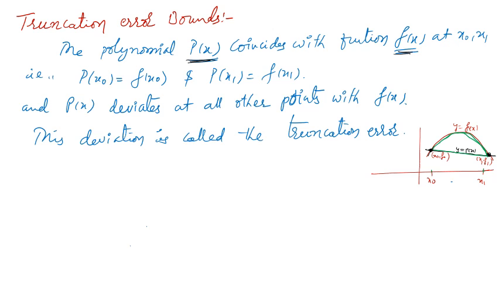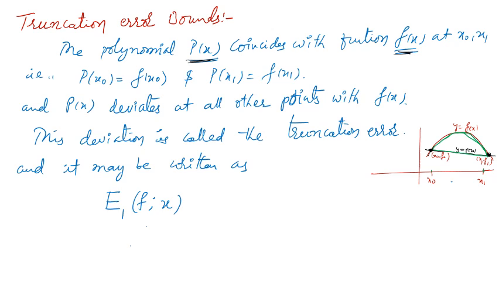And it may be written as, truncation error. I am showing the notation as e1 of f at other points x, equal to what? Exact curve minus approximate curve. Exact curve is f of x, approximate curve is p of x. This is equation 1.